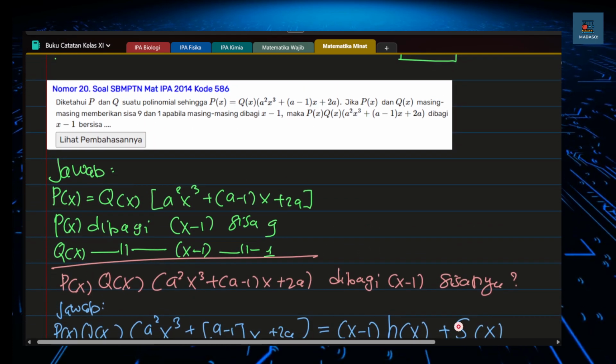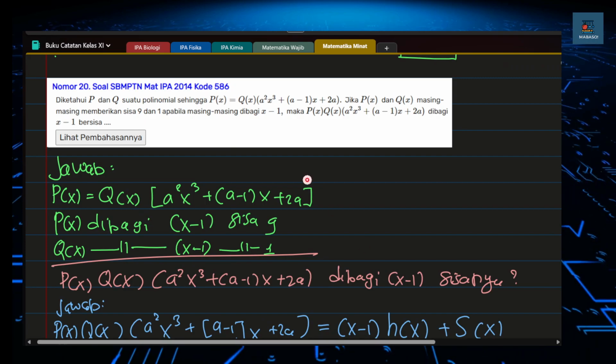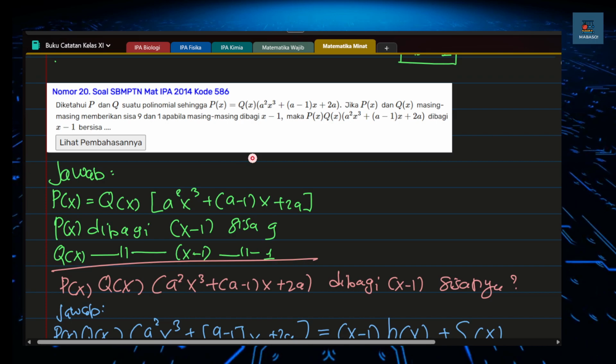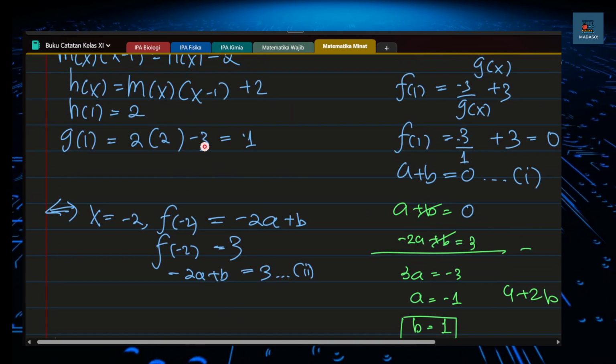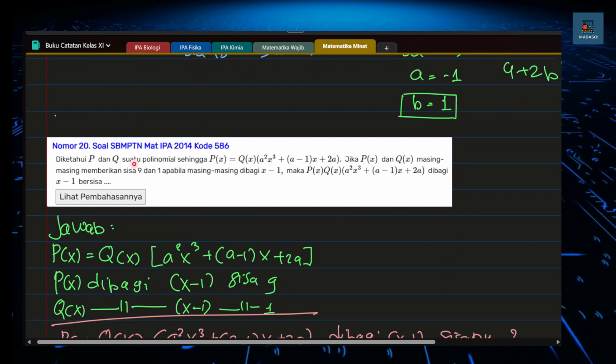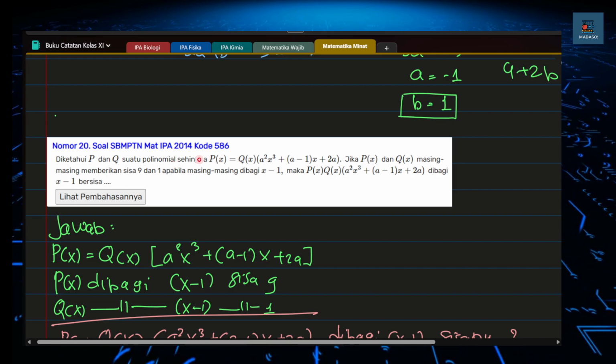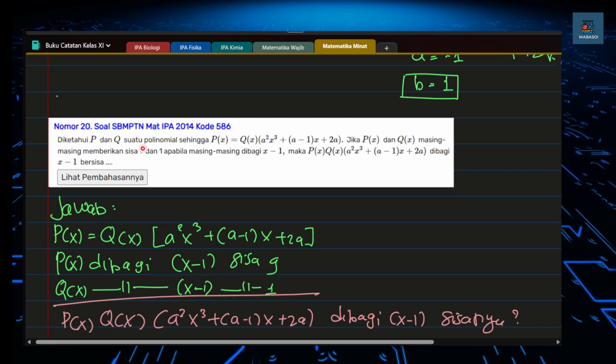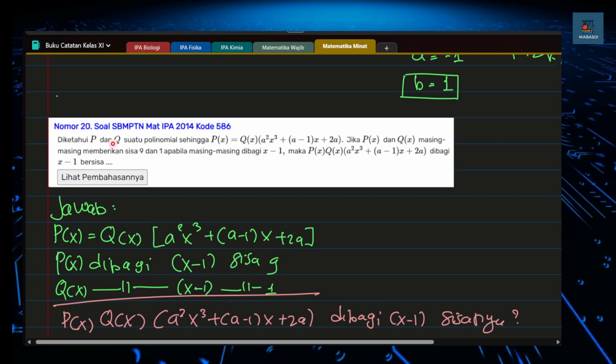So I'm going to discuss another question. As you might have known, this is not from CMAC UI. This is from SBMPTN Mat IPA 2014 code 586. So this is a national college entrance exam.